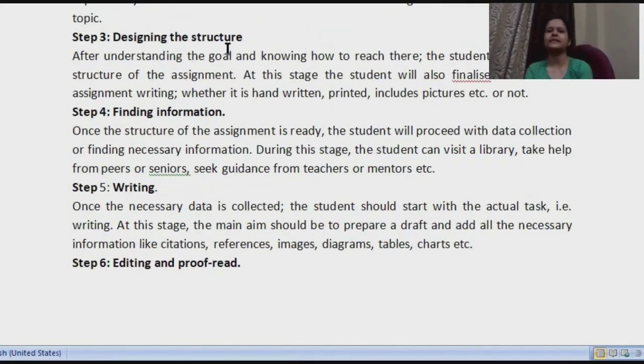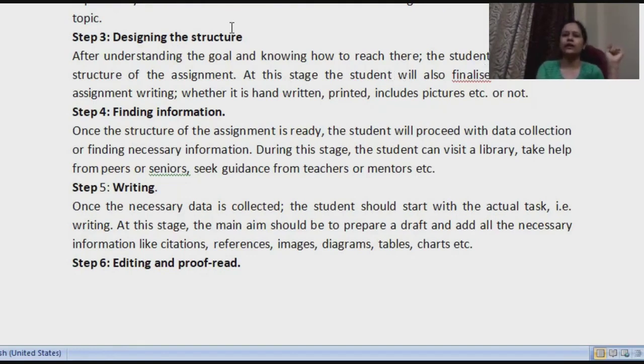Third step is designing the structure. Once you understand what the question is and what they are expecting, you can design the structure or the skeleton of your assignment. After understanding the goal, you know that you need to write about the steps involved in assignment writing, and knowing how to reach there, you know that you need to write at least this much on steps.